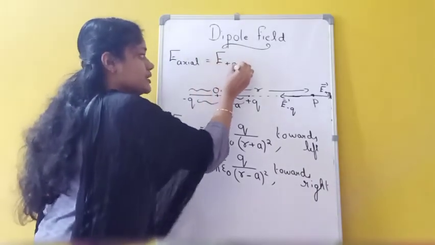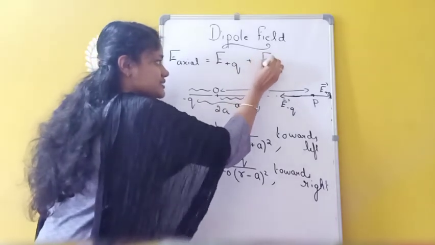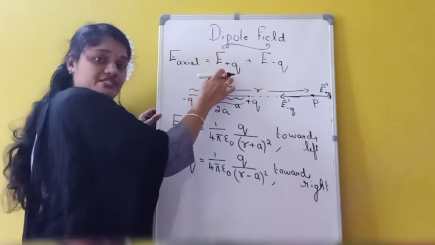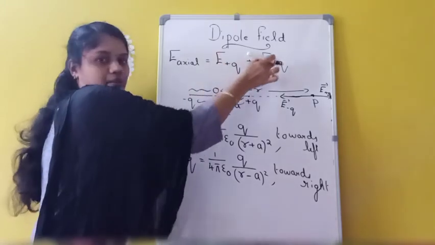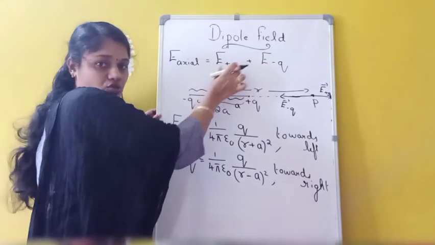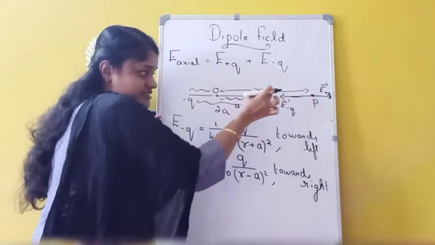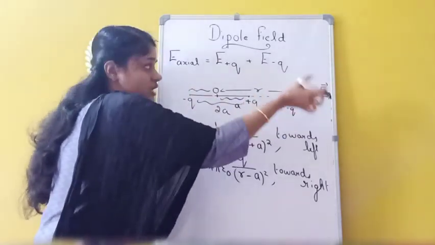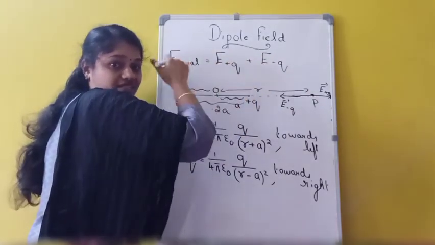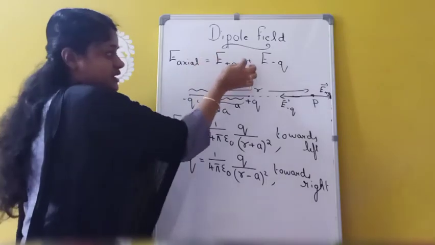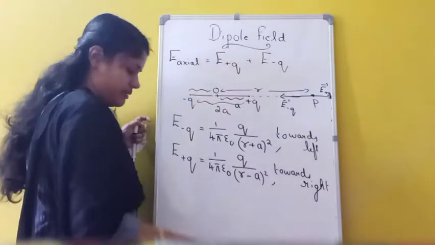We know that the magnitude of E plus q will be greater than E minus q, so first I am writing E plus q and next E minus q. But both these electric fields are acting in opposite directions, so you have to take the difference of both the electric fields. Since the direction is different, instead of plus I am putting minus here.